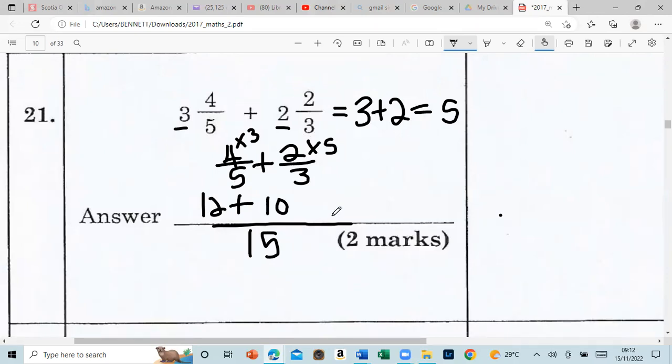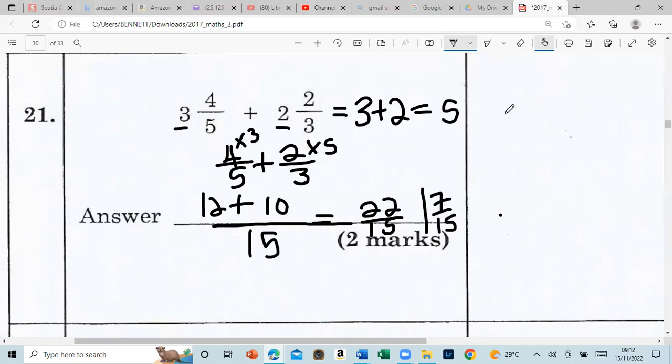And guys, remember you're just supposed to go ahead and try. So what we're going to do now, we're going to add 12 and 10. That is 22 over 15. But we are not finished. 15 into 22 goes 1 time, remainder 7 over 15. But remember, we add the 5 to it.